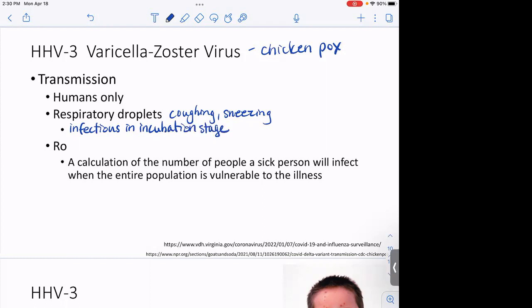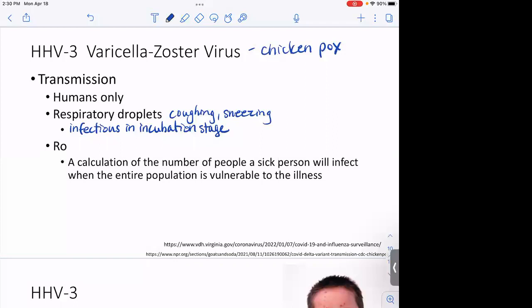Do people have symptoms when they're in the incubation stage? No. So that was kind of the tricky thing about COVID. People could be infectious when they weren't showing any symptoms. So that means that they're up around, doing things that they normally do, getting people sick. Usually only a couple days for chickenpox.